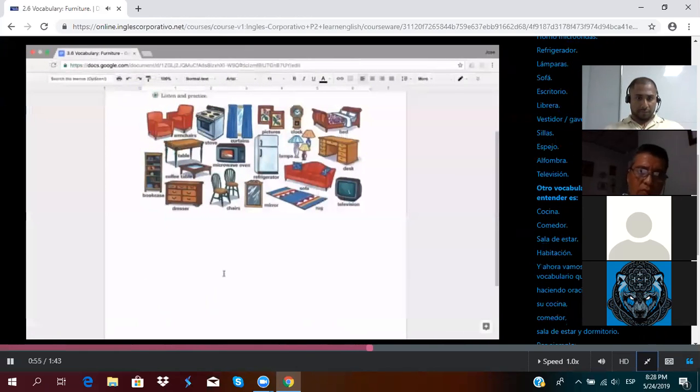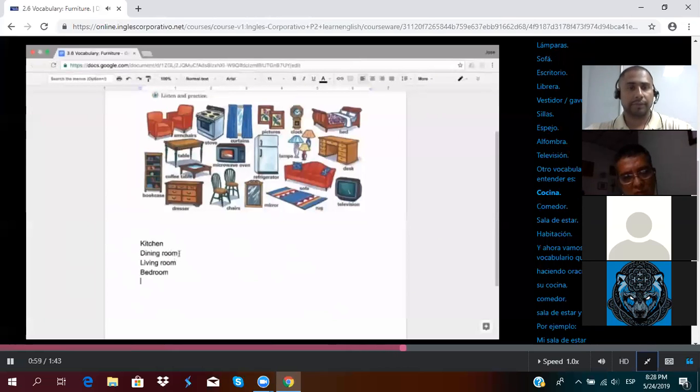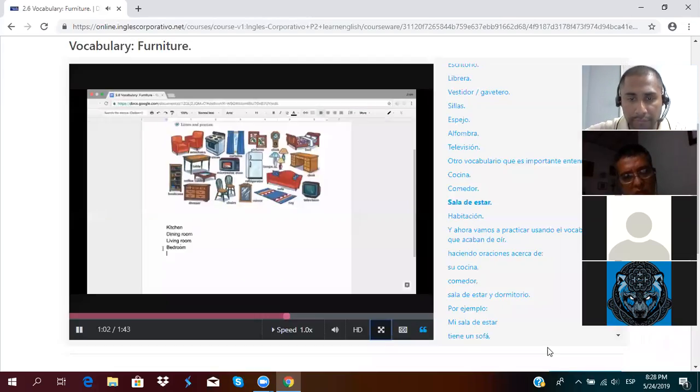Other vocabulary that is important to understand is kitchen, dining room, living room, bedroom.